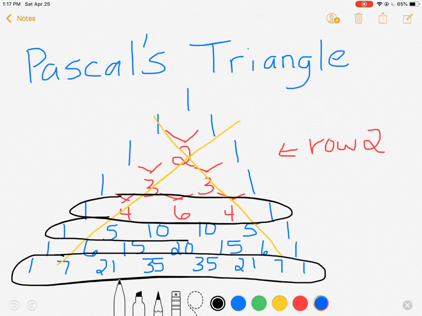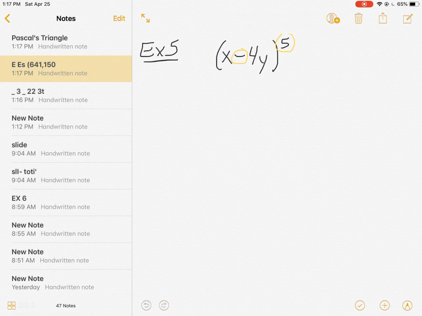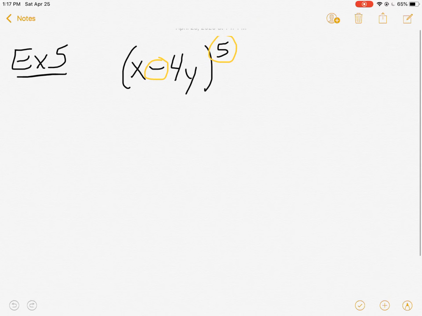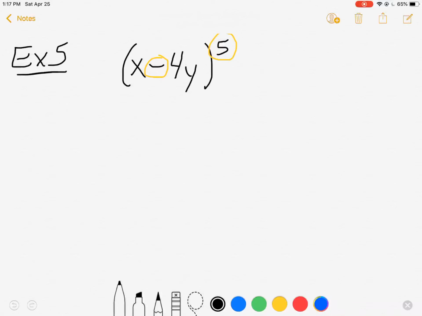And I will use these numbers for my coefficients. 1, 5, 10, 10, 5, and 1. So I want to write those down. I have 1, 5, 10, 10, 5, 1. Notice I put some space because I know I'm going to walk a term down and walk a term up.